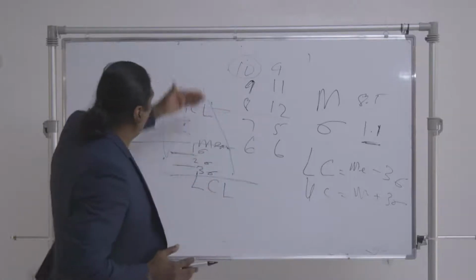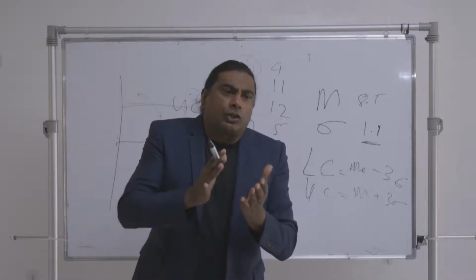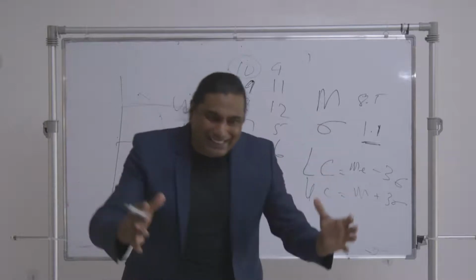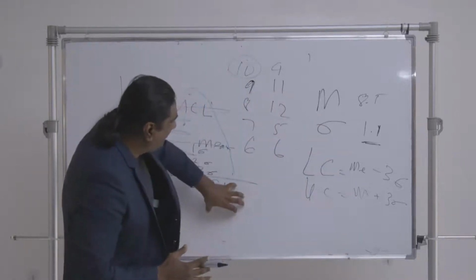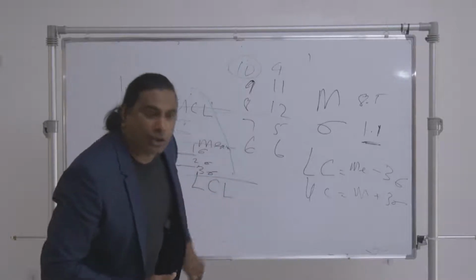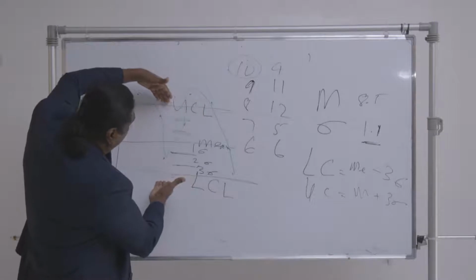On the other hand, if they waited 15 minutes, we also need to investigate. So the point of having this is that we investigate anything above the upper control limit or below the lower control limit. Everything in between is fine.